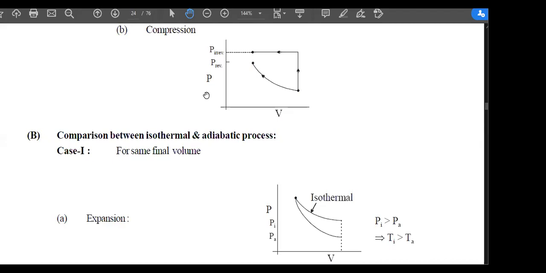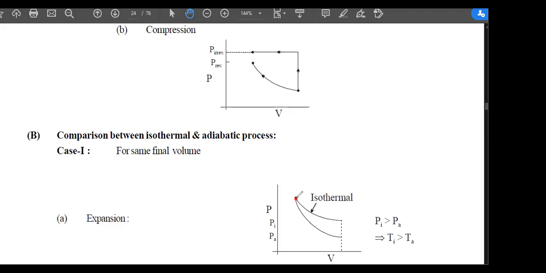If you see the graph, can you see the graph, right? Now for expansion, the graph is like this. The graph having more slope is isothermal, and the graph having lesser slope is adiabatic. Now just see this point.